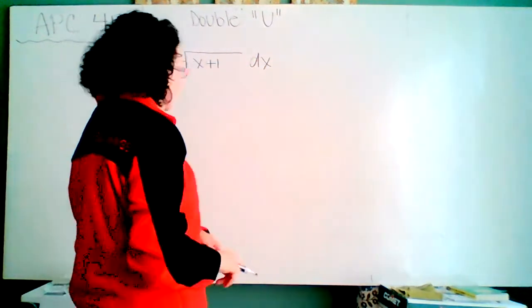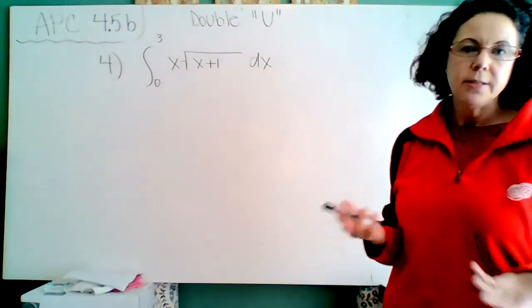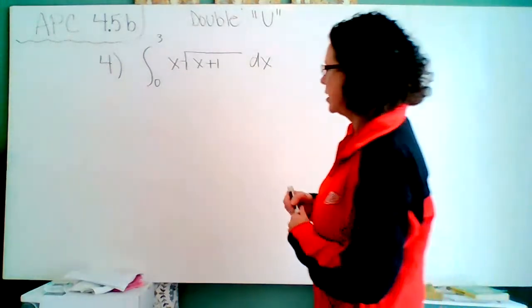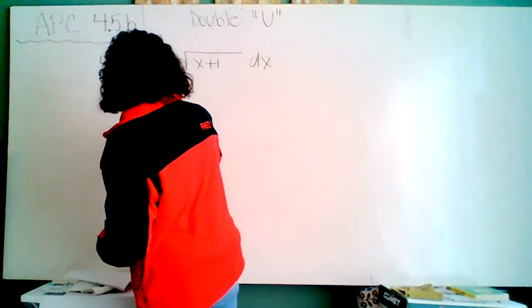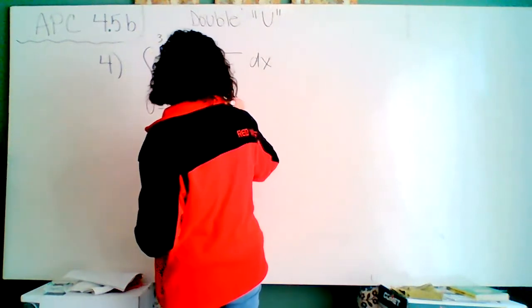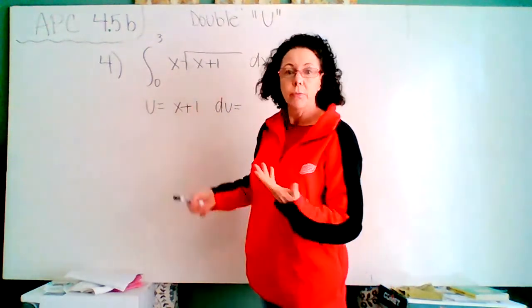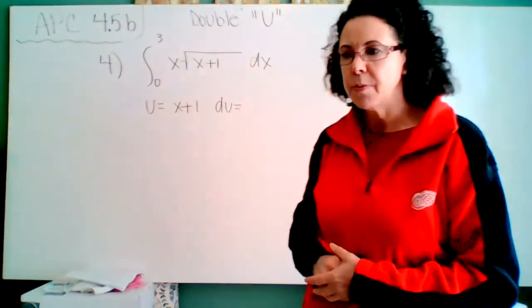All right, here's my issue here. Usually what I'm looking for is an inside function. All right, u equals x plus 1. And I'm looking for, when I take the derivative, when it's a power, we have power expressions here.